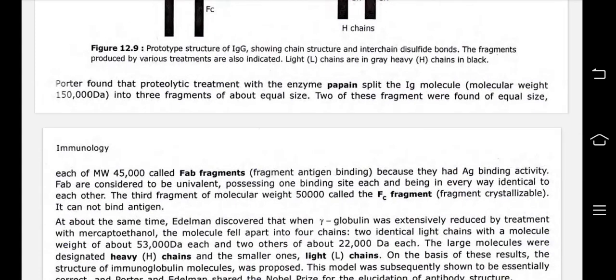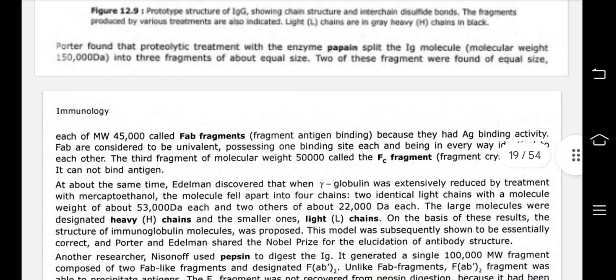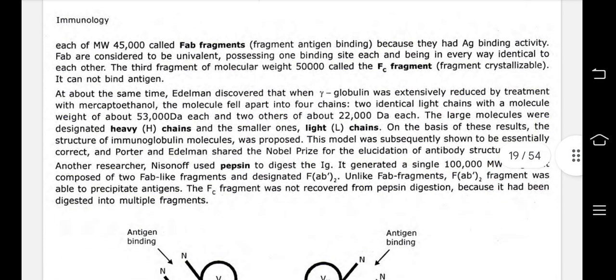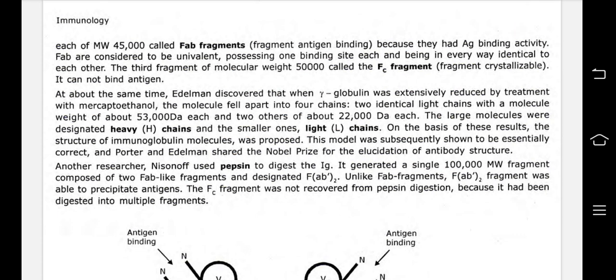Porter found that proteolytic treatment with the enzyme papain split the Ig molecule into 3 fragments of about equal size. 2 of these fragments were of equal size, each with a molecular weight of 45,000, and are called Fab fragments, fragment antigen binding, because they had antigen binding activity.